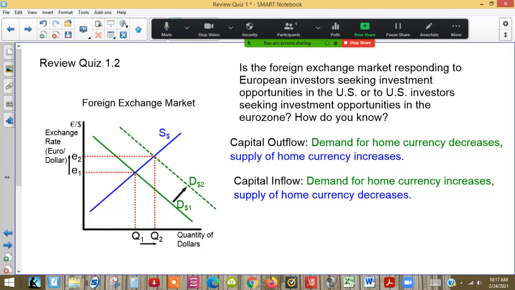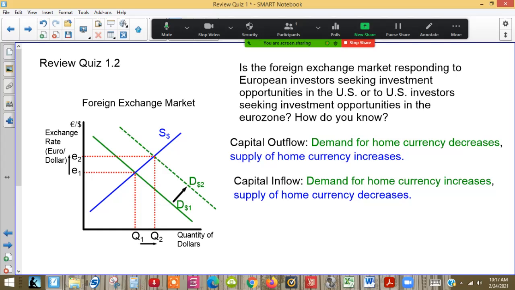The vertical axis variable is a ratio of one currency to another currency. So in this model, we see that the value of the dollar is appreciating, but that's relative to whatever currency is in the numerator, which in this case is the euro. So relative to the euro, the dollar is becoming more expensive. It takes more euros to buy the dollar in this model.